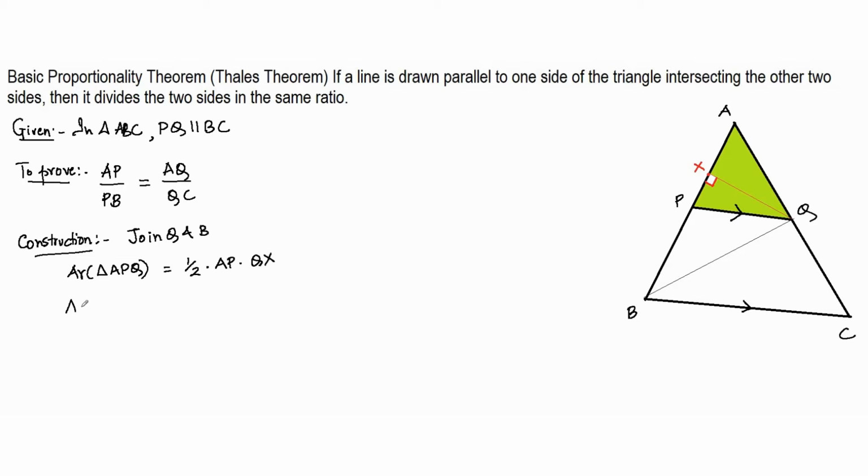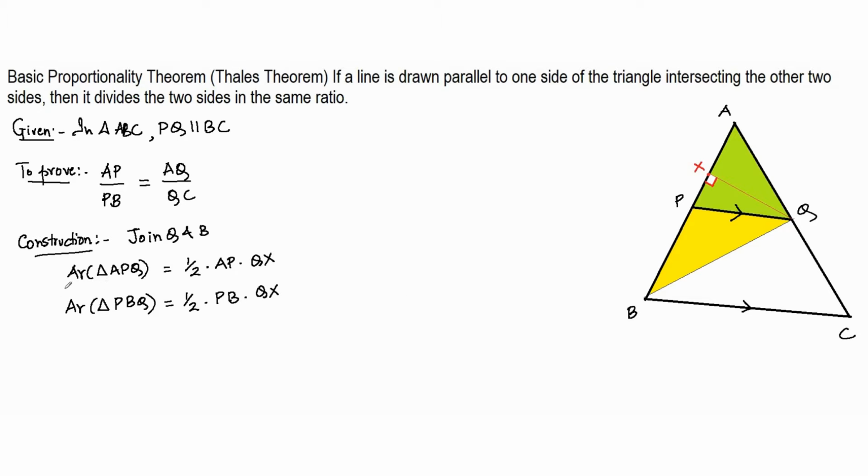And similarly, the area of triangle PBQ has PB as the base, so the area will be half into PB, and because angle P is an obtuse angle, the altitude is going to lie outside the triangle. So again, I can consider QX as the altitude, right?